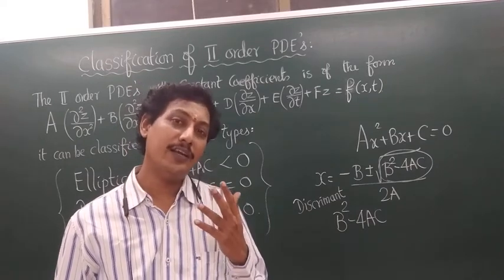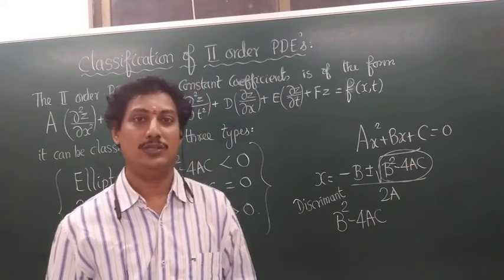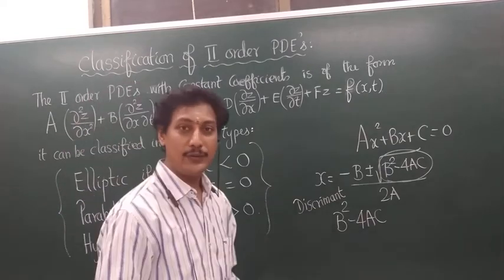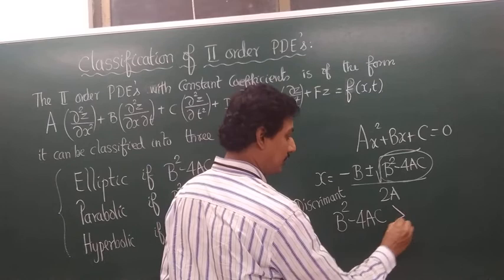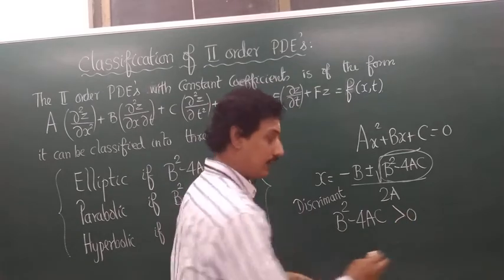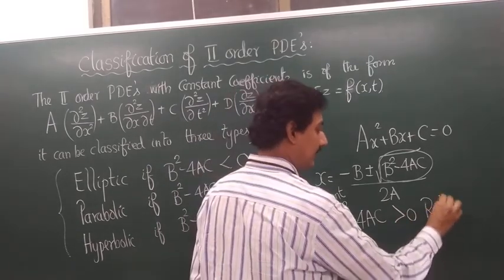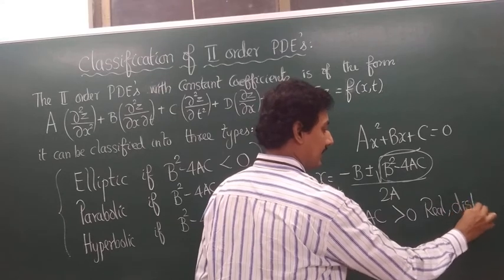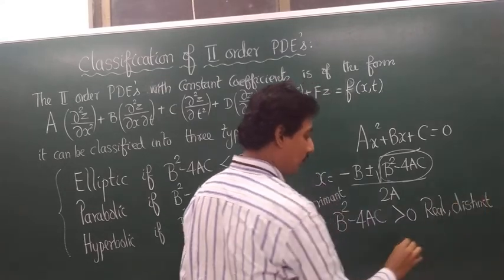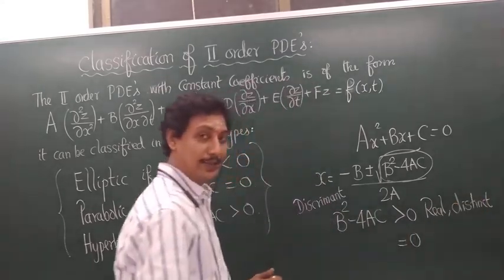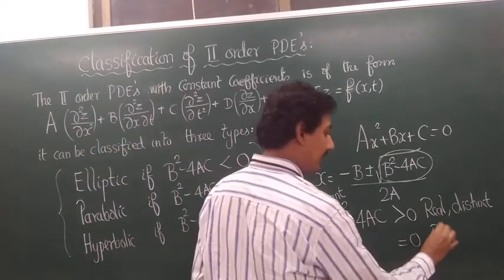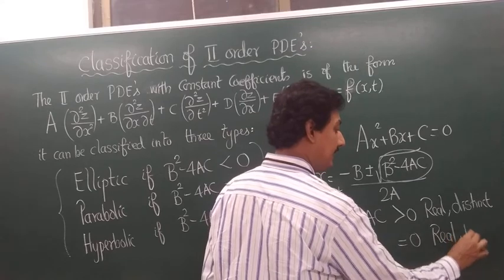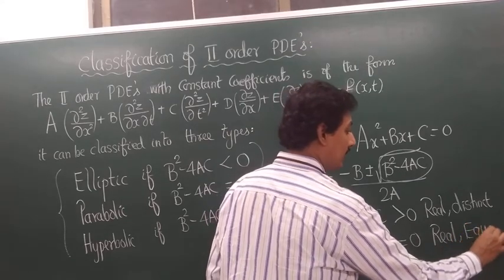What is the nature of the roots? Suppose b squared minus 4ac is positive, then the roots are real and distinct. Suppose the b squared minus 4ac value is equal to 0, then the roots are real and equal.